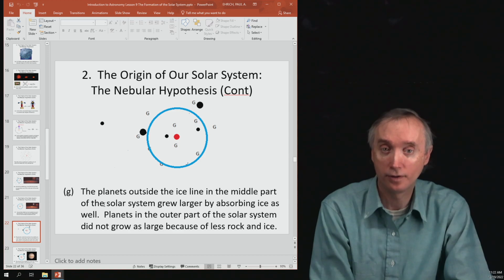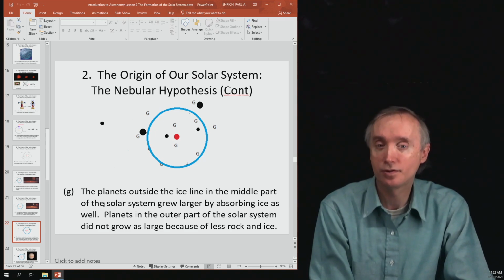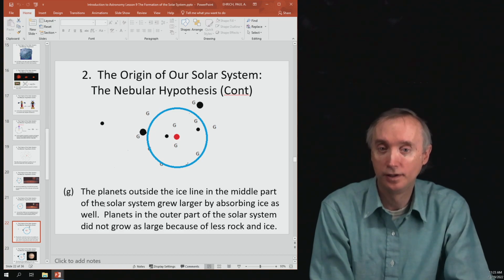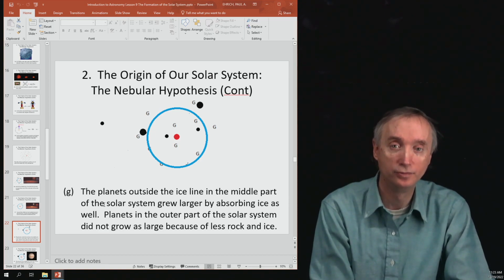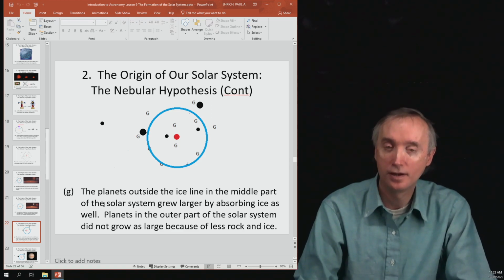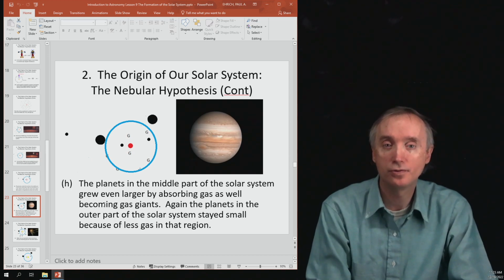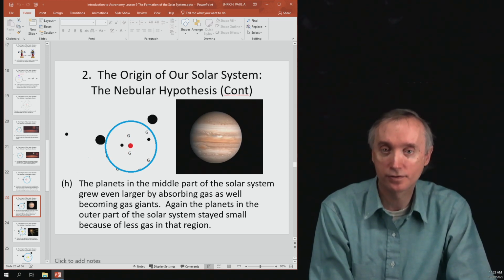You notice that Pluto out there, that little one, doesn't accumulate so much ice because there isn't so much ice out there. It does get ice, but not nearly as much as the planets in the middle part of the solar system do. Those get so much ice that they also start to accumulate hydrogen, and so they become the gas giants.